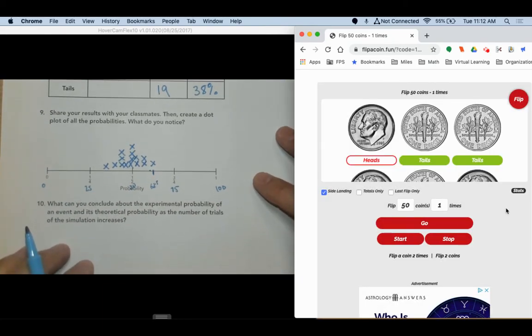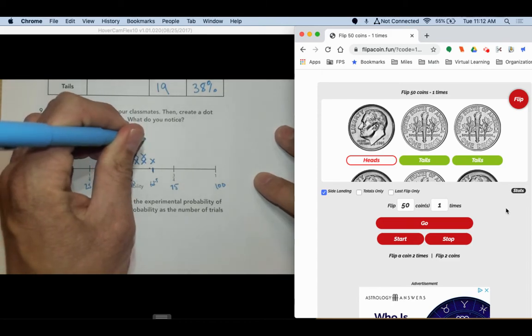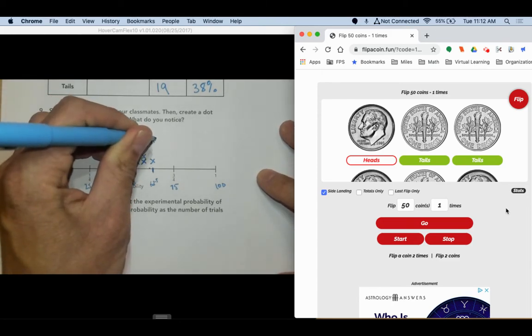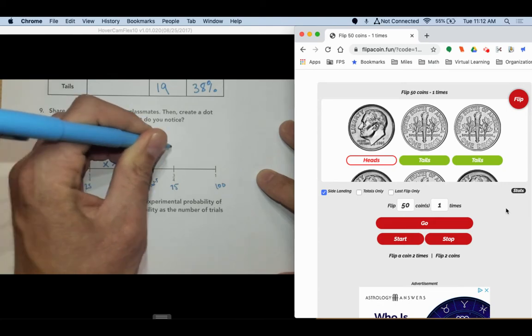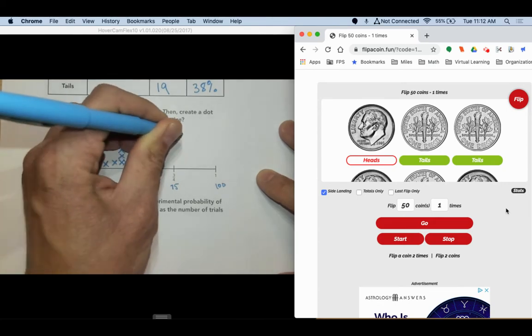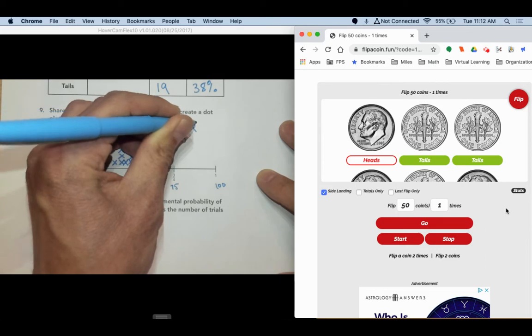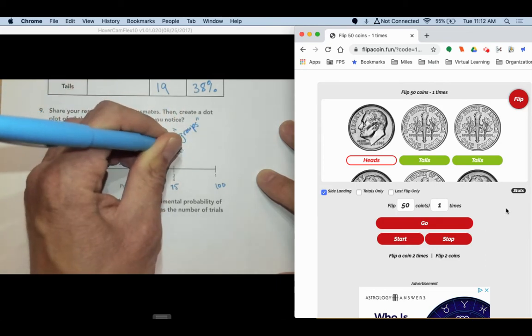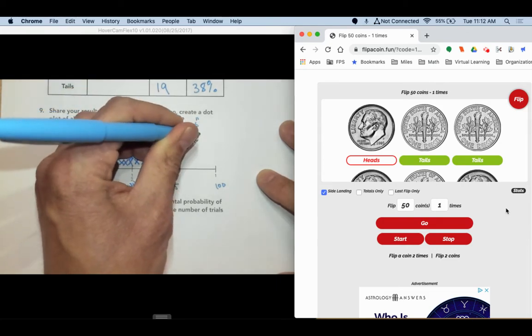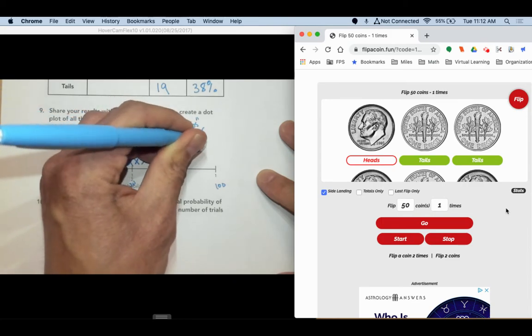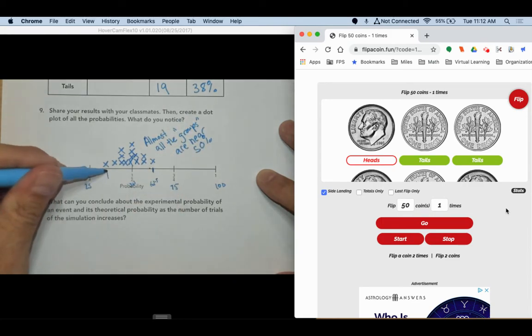All right. Almost all the groups are near 50%. What was this? This was like 44% was the least.